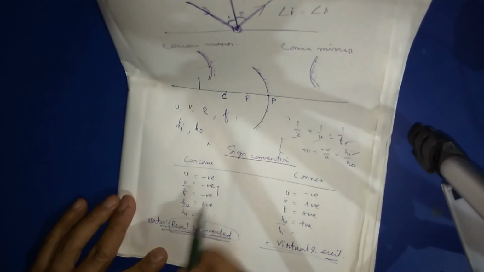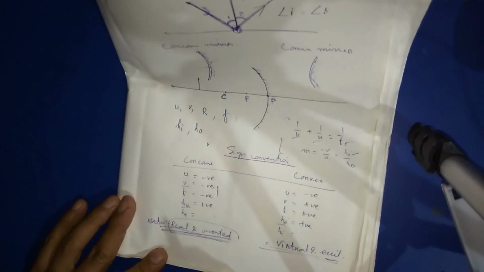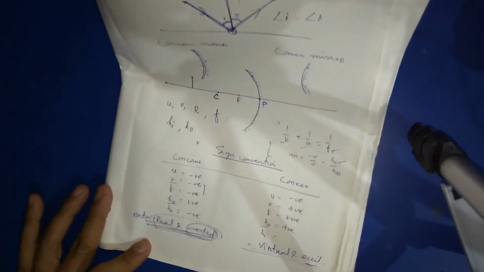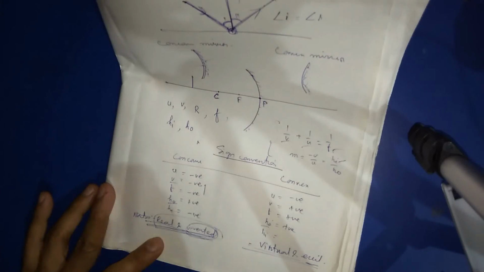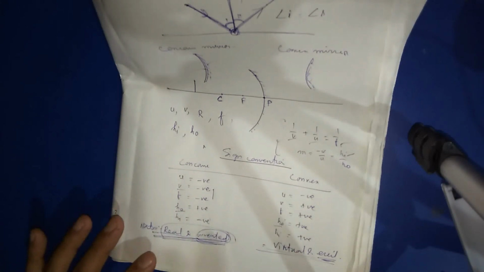In concave, the image is formed inverted, just below the principal axis. If it is inverted, the sign will be negative. And hi in a convex mirror, since it is erect, will be a positive value. As long as the nature remains the same in both concave and convex mirror, this sign convention will remain unchanged.